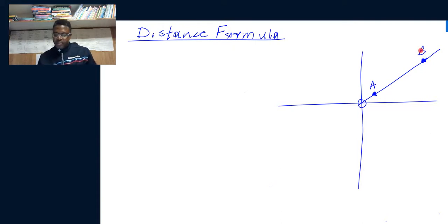So for the distance formula, you will remember Pythagoras' theorem.